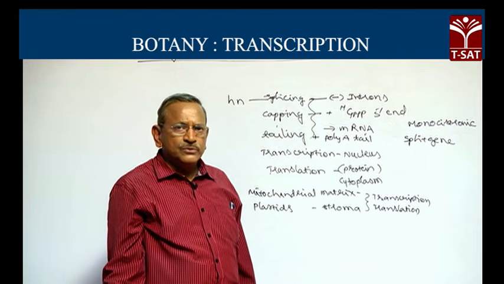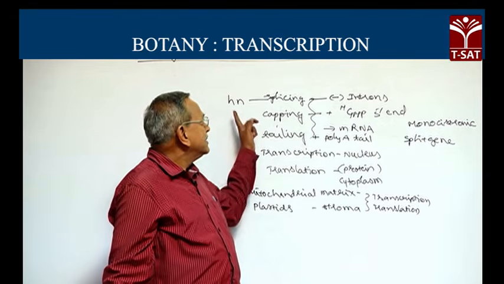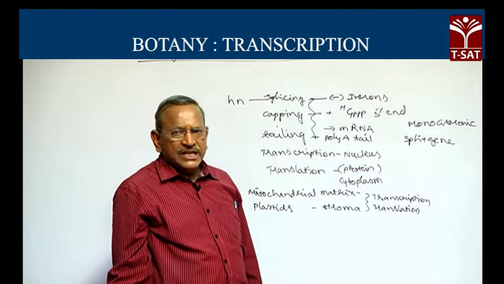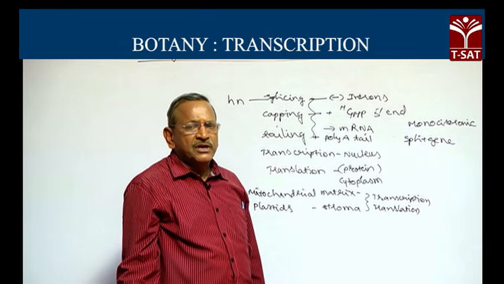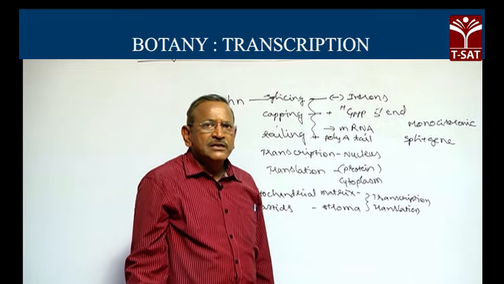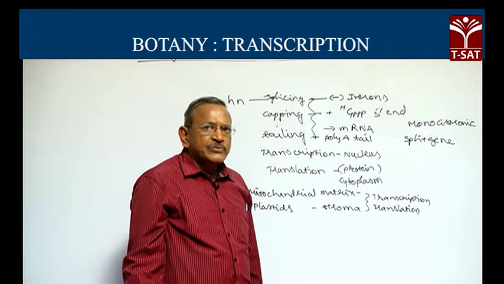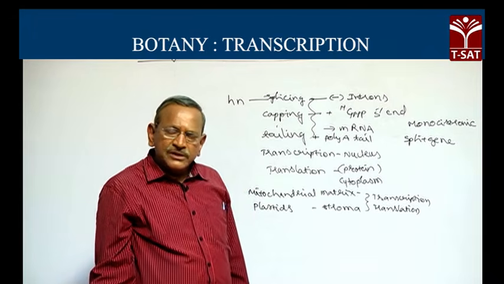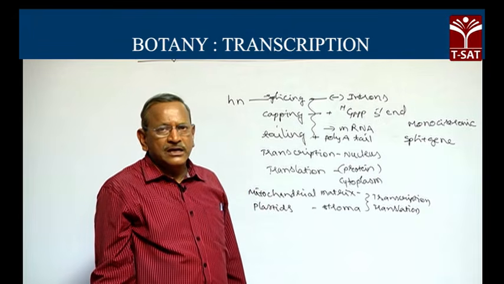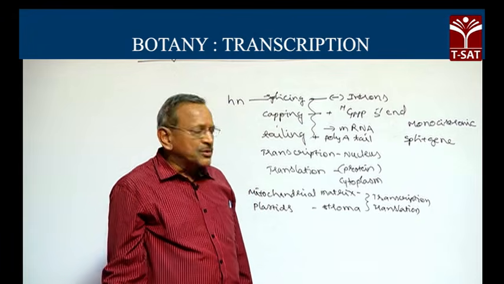RNA polymerase 2 is responsible for synthesis of hnRNA, the precursor for mRNA, and RNA polymerase 3 is responsible for synthesis of different kinds of tRNAs useful for carrying amino acids to the site of protein synthesis. And the primary transcript can immediately undergo translation in prokaryotic organisms, whereas in eukaryotic organisms it requires some processing.